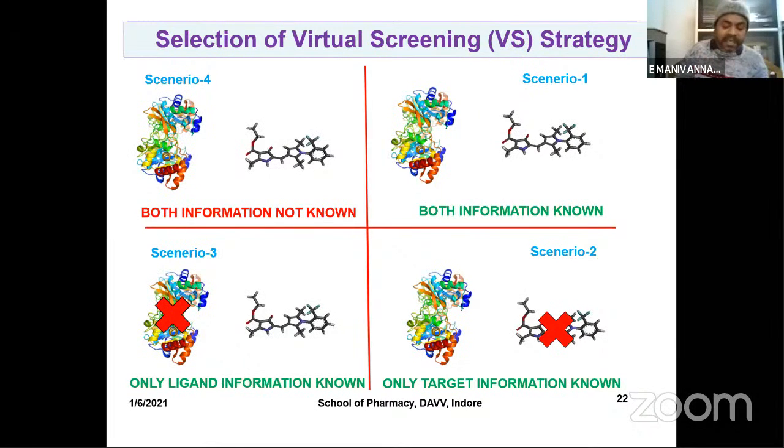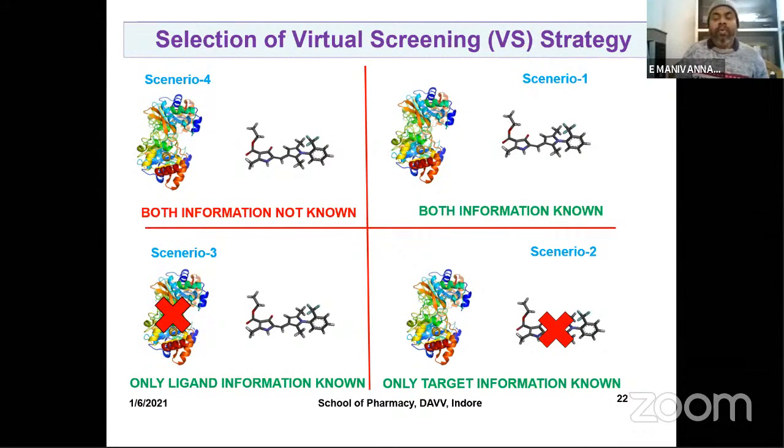So the strategies are ligand-based virtual screening, structure-based virtual screening, and integrating both ligand and structure. In scenario 1, when you have both the target structure information and ligand information, you can use both the methods, ligand-based and structure-based.